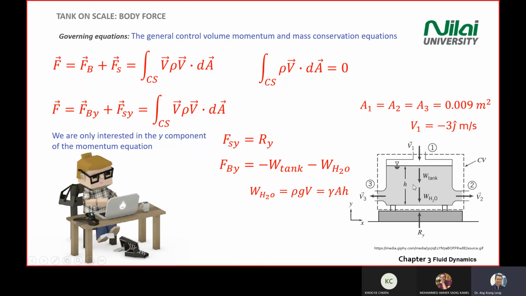In this case, because we are given the height of the water and also the diameter of the tank, we can convert the volume into area times h. Area times h gives the volume. You need to be careful when it comes to exams. For the area, you need to look at whether the tank is cylindrical or rectangular. If it's cylindrical, you use pi r squared for the area.